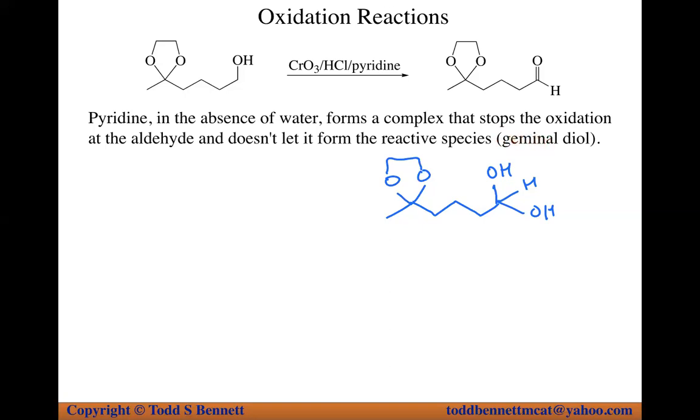Gem diol or geminal diol, because both OHs are on the same carbon, like twins coming from the same mother. Two bonds to O, this species can easily be oxidized.